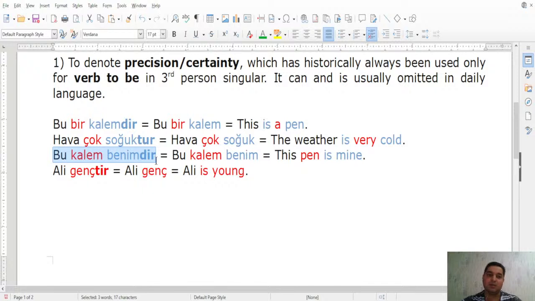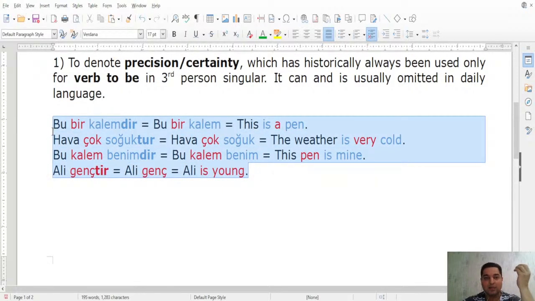You can say "benimdir," which means I'm not sure, but most probably mine, okay? Or, for example, "Ali gençtir." You don't know Ali, but maybe from his look, you can say "Ali gençtir," which means he's probably young, okay?